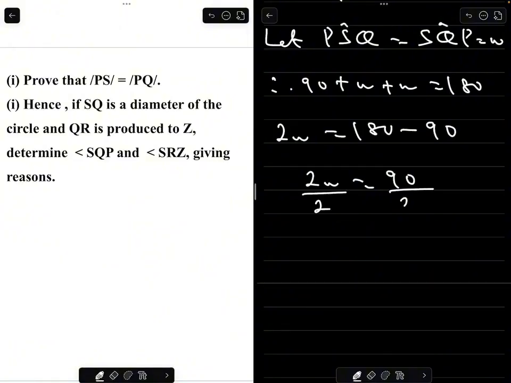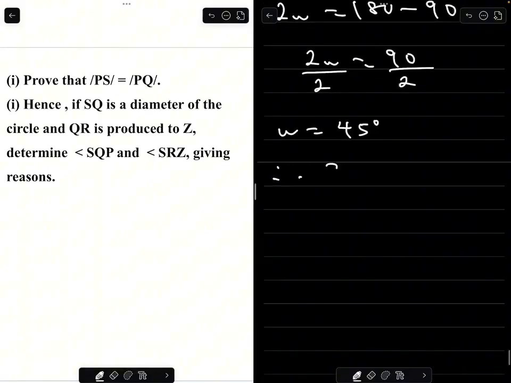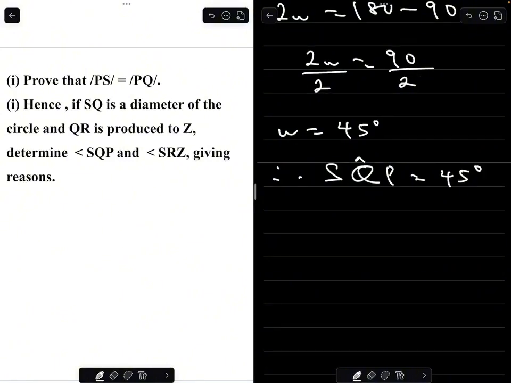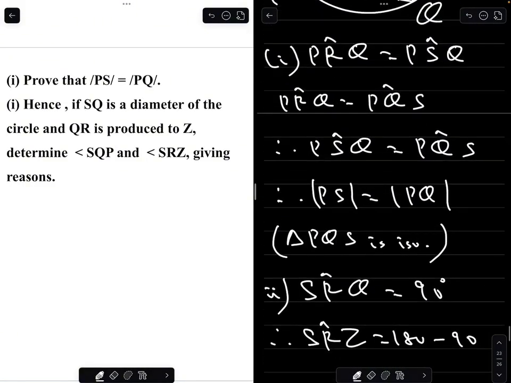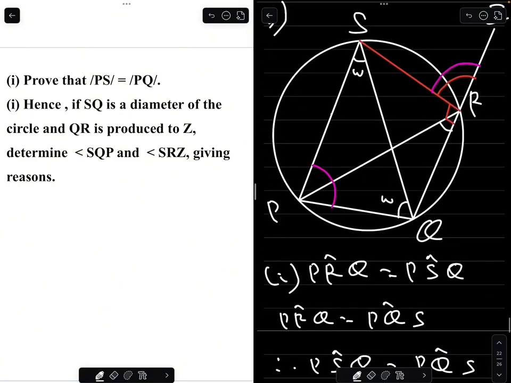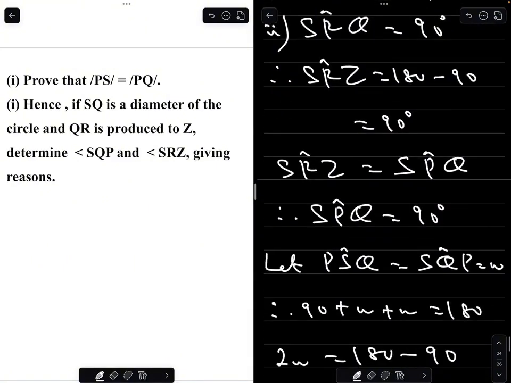Dividing through by 2, W equals 45 degrees, which therefore means angle SQP is equal to 45 degrees. And that's it, very simply. You can't miss it if you know the rules and apply them correctly.